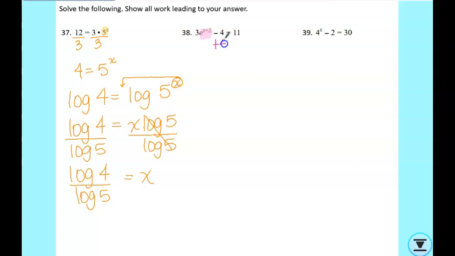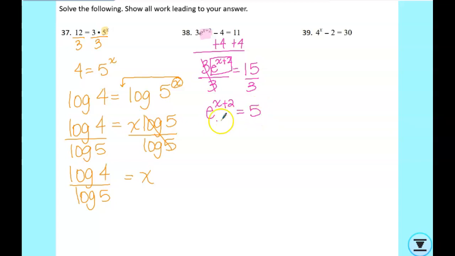So we're going to add 4 to both sides. So we have 3 times e to the power of x plus 2 is equal to 15. And again, we're trying to isolate this part. So if we had 3x is equal to 15, we would divide by 3 next. So e to the power of x plus 2 is equal to 5.